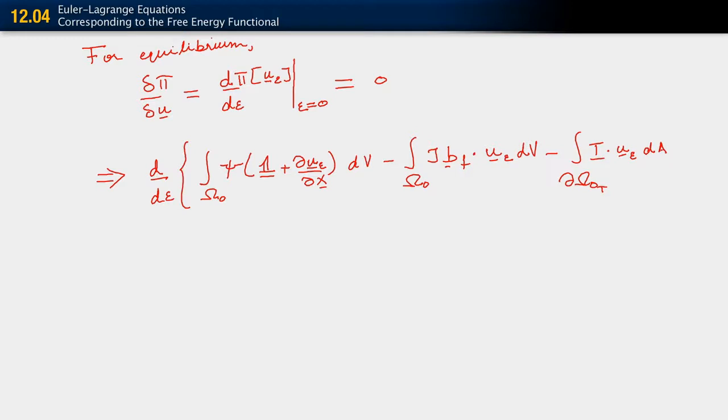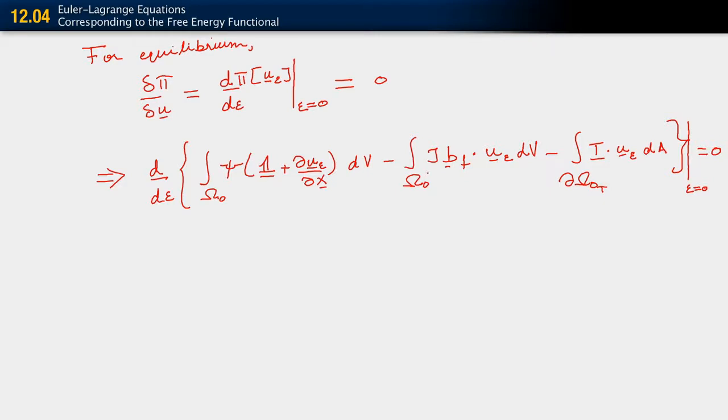Okay. I also need to remember that once we take this derivative with respect to epsilon, we then set epsilon equals 0, because this is what gives us the proper variational derivative. And then, because we also have an extremization, we want to set this entire left-hand side to 0. That final setting to 0 is what gives us an extremum.